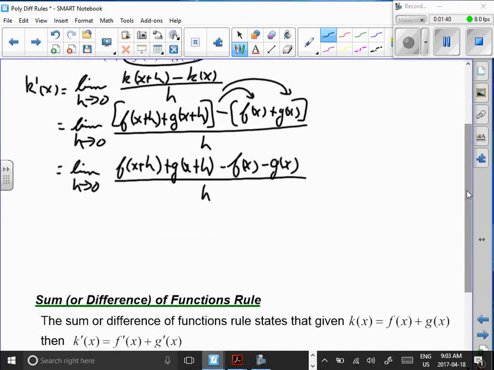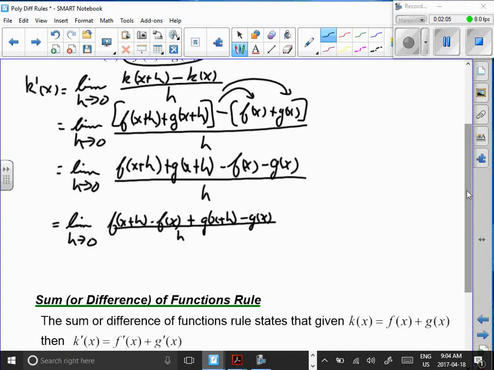Okay, this becomes the limit as h approaches 0 of f at x plus h minus f at x. I'm going to put the f's together and the g's together. Plus g at x plus h minus g at x all over h.